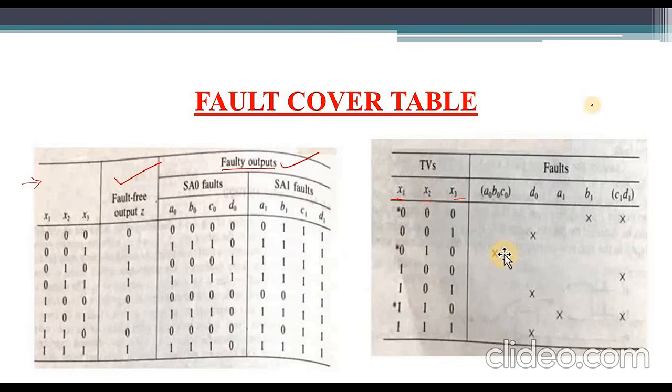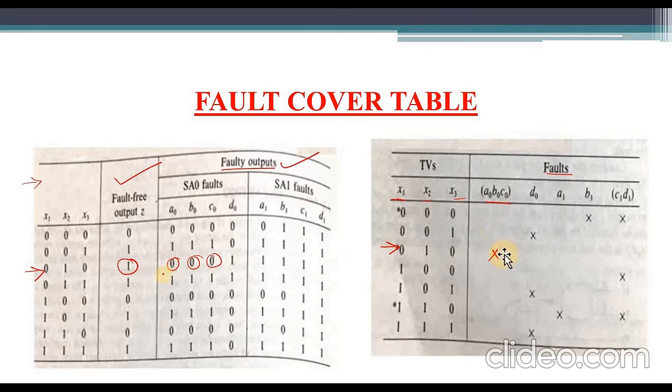So see here. If there is a fault A0, B0 and C0, that means stuck-at-0 fault at A, B, C. So observe the 0 1 0 combination. If there is no fault, we are going to get 1. If there is a stuck-at-0 fault at the node A, B, C, observe here we get 0 0 0. This output is different from the fault free output, so we have to put one cross mark here.